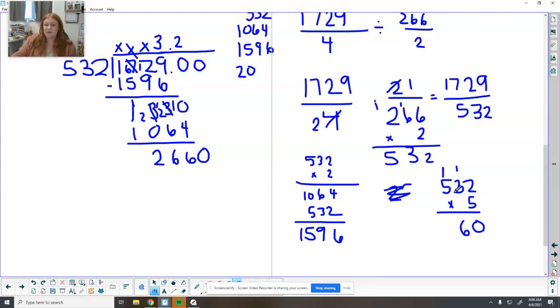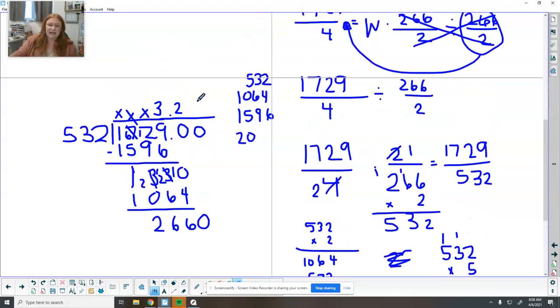Ooh, looking good so far. 25, 26. Oh, perfect. It goes in there exactly 5 times. 266, 0, 0 left over. So that was a lot of work to find that missing piece, but we can do hard things.